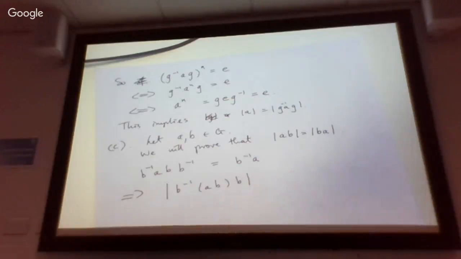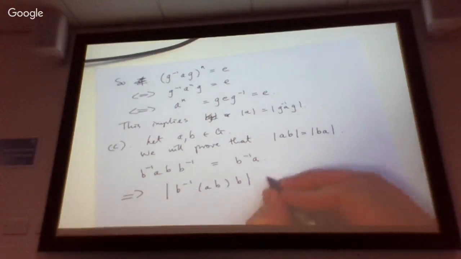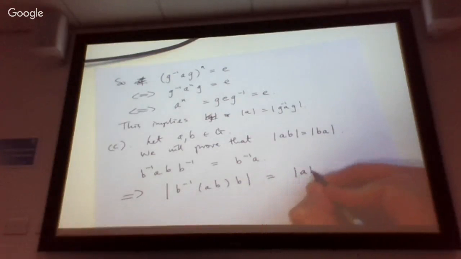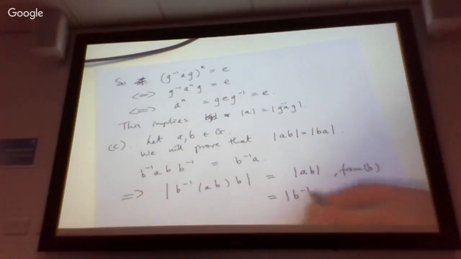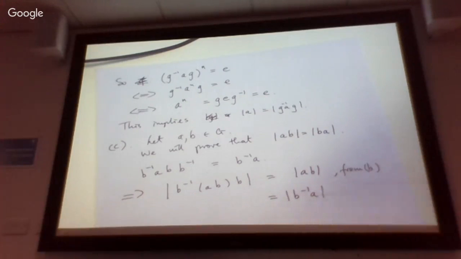And then what can we say that's equivalent to? Remember, we're trying to prove that this element inside the brackets has the same order as A itself. A to the n equals E, because we can hit this on both sides, multiplying on the left by G and on the right by G inverse.